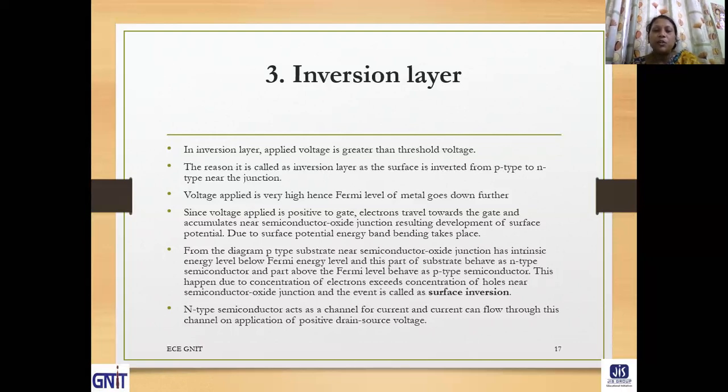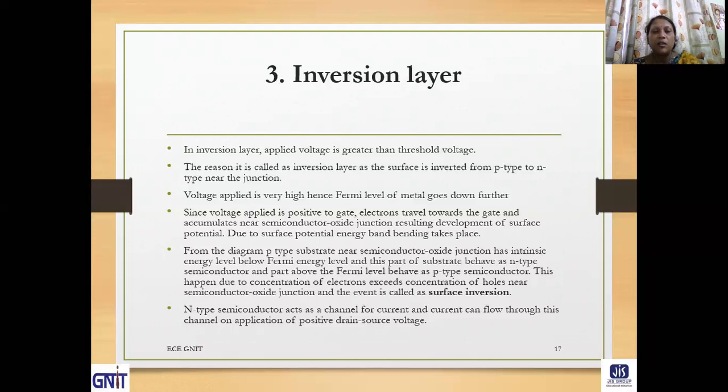Due to surface potential, energy band bending takes place. From the diagram, P-type substrate near semiconductor oxide junction has intrinsic energy level below Fermi level, and this part of substrate behaves as N-type semiconductor, and part above the Fermi level behaves as P-type semiconductor.